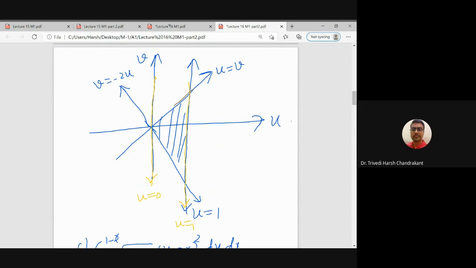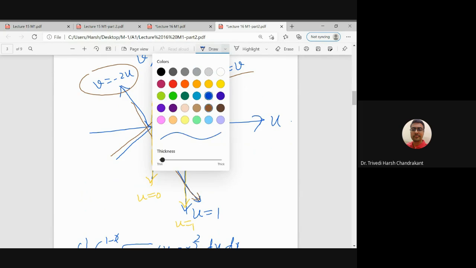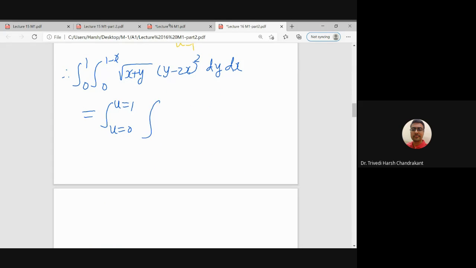The above curve is u equals v, and the below curve is v equals minus 2u. So our integral will become the integral from v equals minus 2u to v equals u.